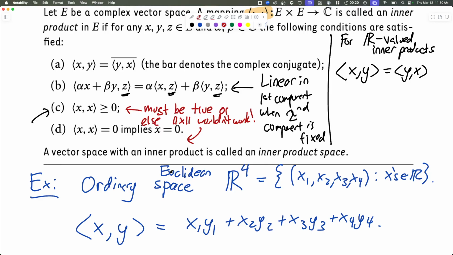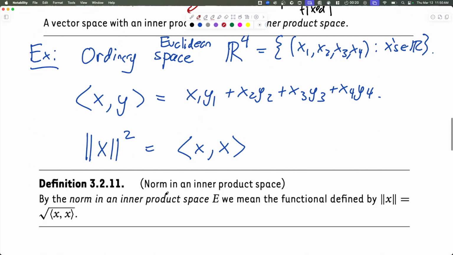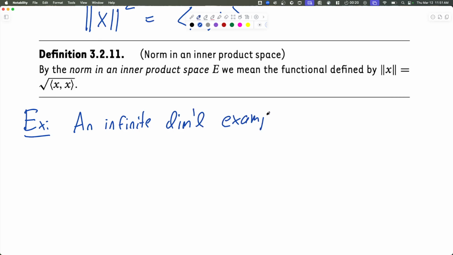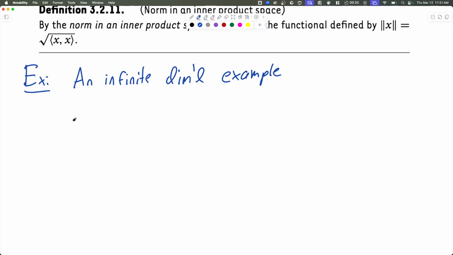Okay, let's see some examples. So we did one example. This is the most boring example. The simplest interesting infinite dimensional example is related to what we were doing way back in chapter 1, the sequence space.